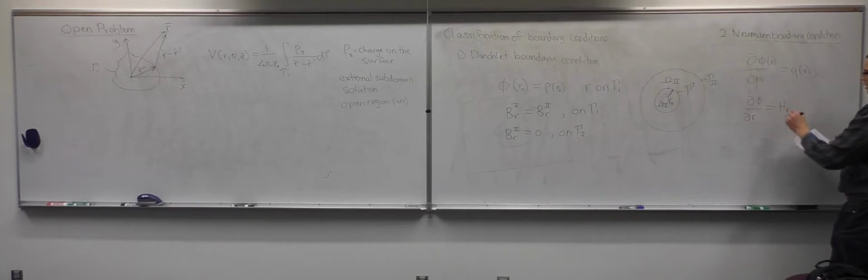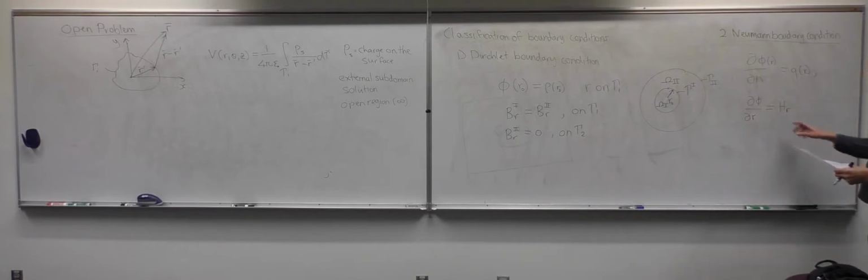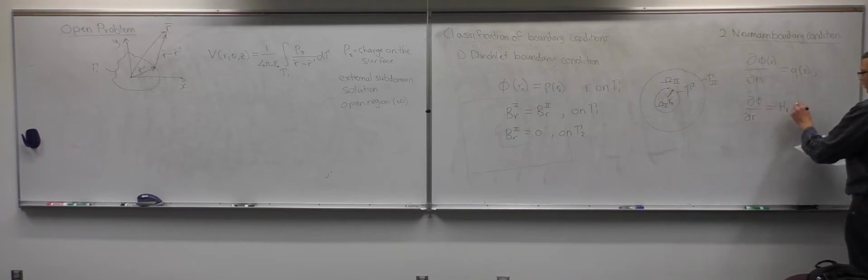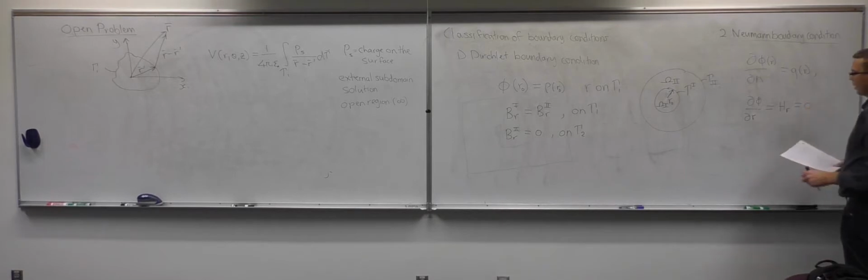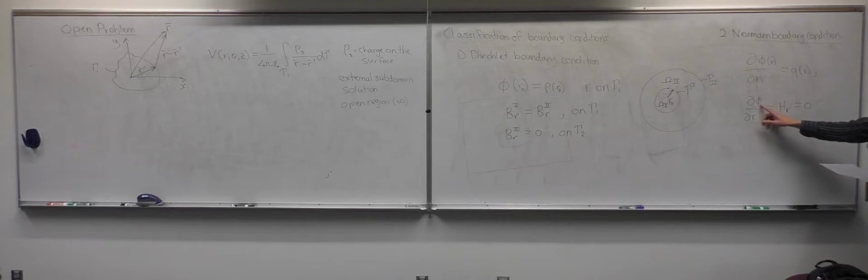That's equal to the magnetic field intensity, and so if you set that equal to 0, then the derivative of the magnetic scalar potential is equal to 0, which in a physical sense would be, say, the magnetic field in the radial direction.